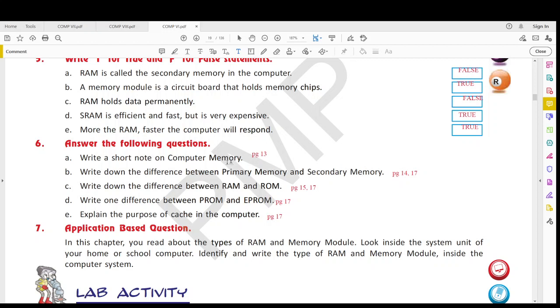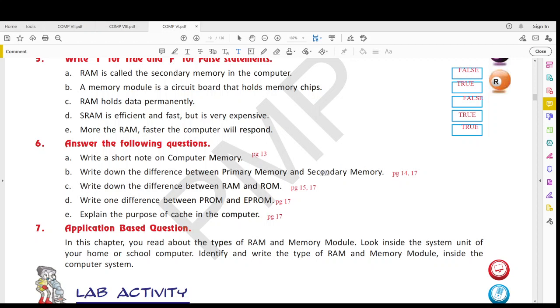Write down the difference between primary memory and secondary memory. The primary memory, it is the temporary memory or the workspace of the computer. And secondary memory is the permanent memory used for backing up data, for permanent storage.